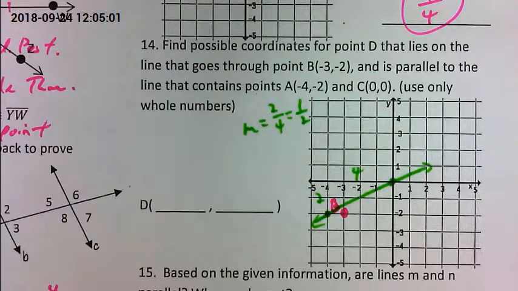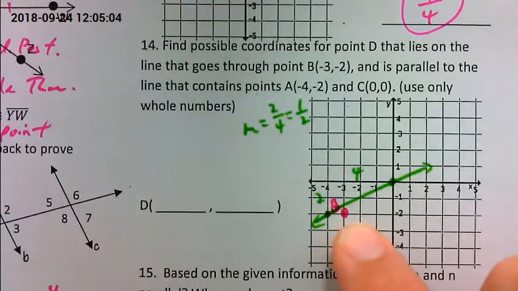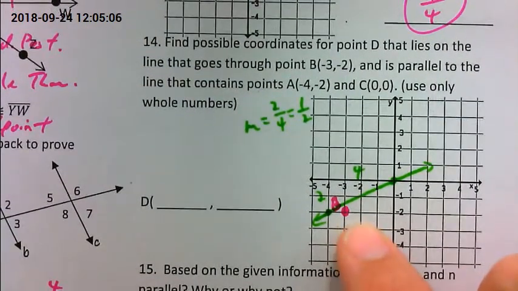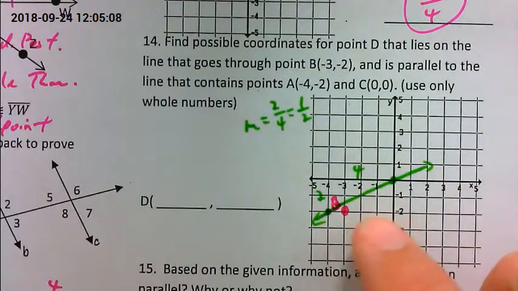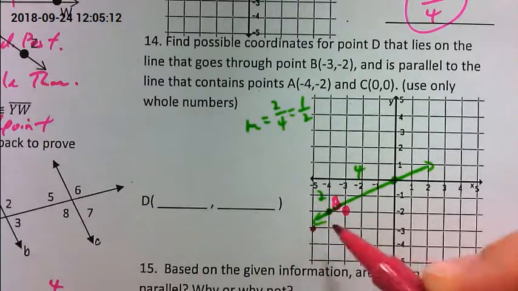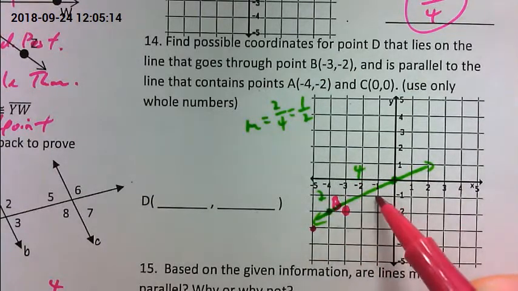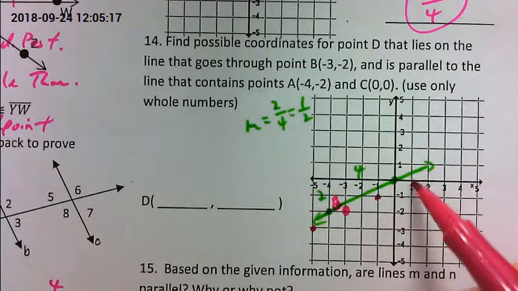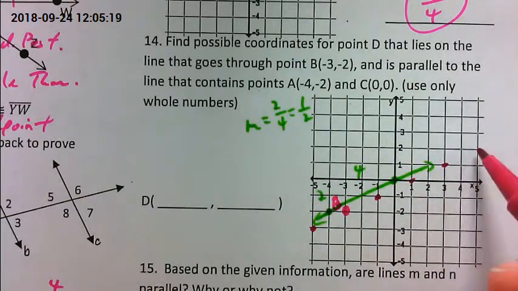So in order to find another point for this new line, I'd have to use that same slope. So go up 1 and over 2 or down 1 and back 2. So either down 1 back 2 would be a point here, or up 1 over 2. You have a point there, there. Again, we can use the slope as many times as we want. Any of those would be acceptable.